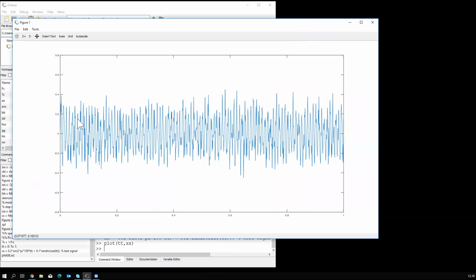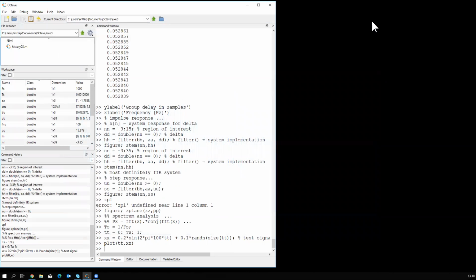Basically, you can see that maybe there is some frequency component there, but there's also lots of noise on it. Or the 100 hertz could also be the noise we want to get rid of, as we did with the previous filter. So that's our data. We don't know yet what it is all about.